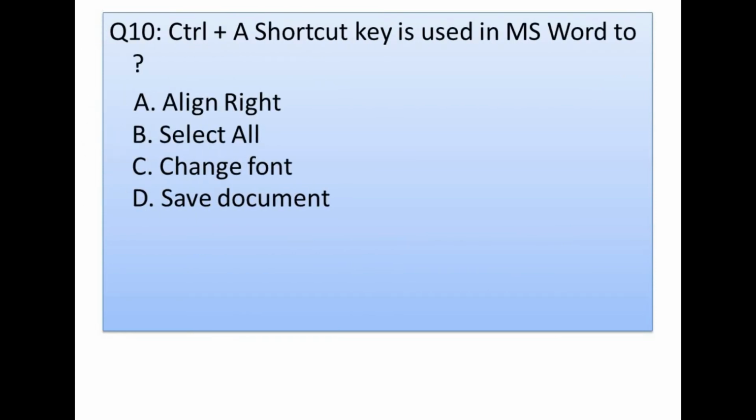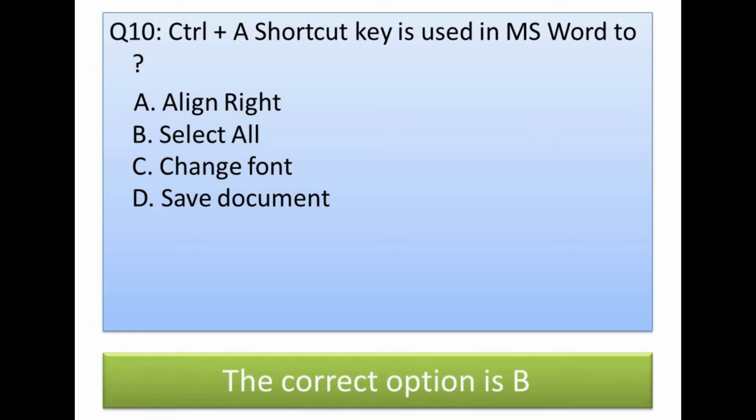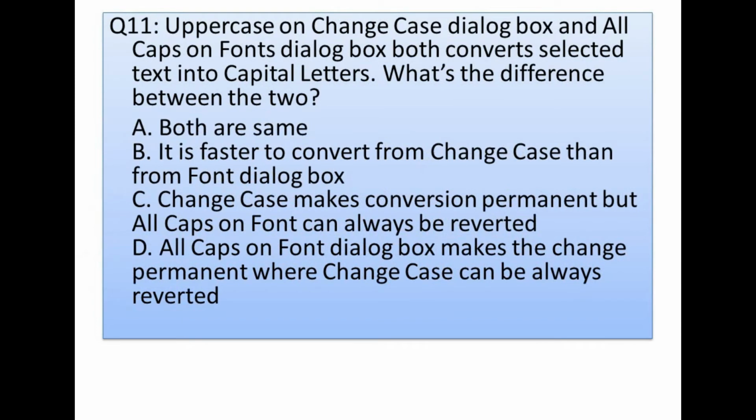Ctrl+A shortcut key is used in MS Word to align right, select all, change font, save document. So the correct option is B. Uppercase on change case dialog box and all caps on font dialog box both convert selected text into capital letters. What's the difference between the two?